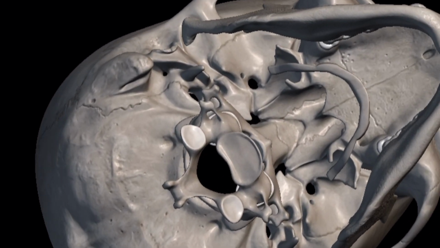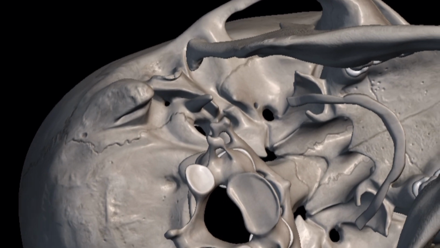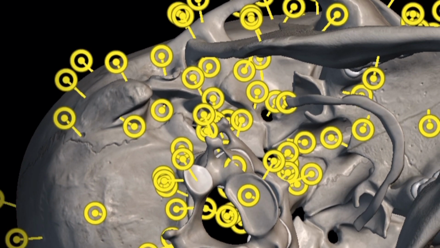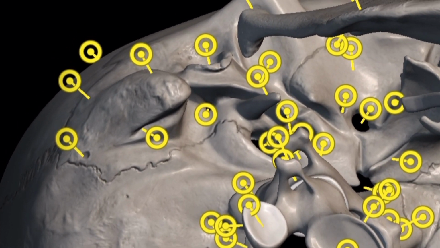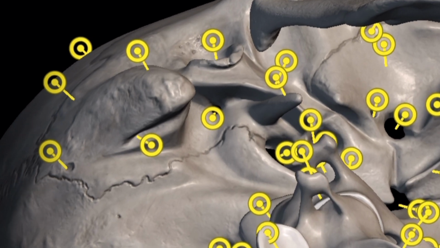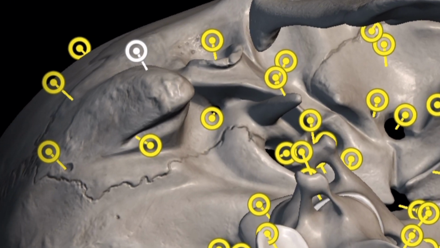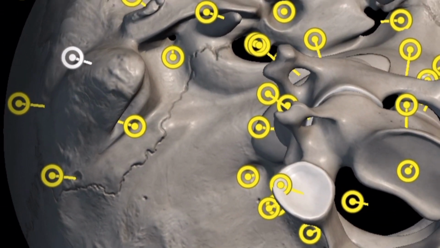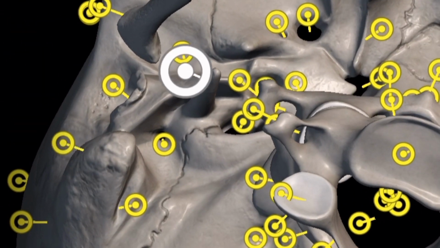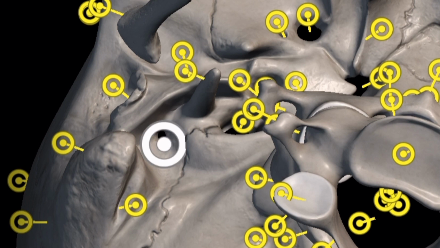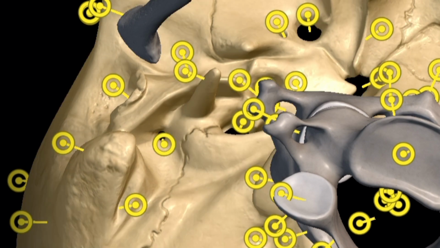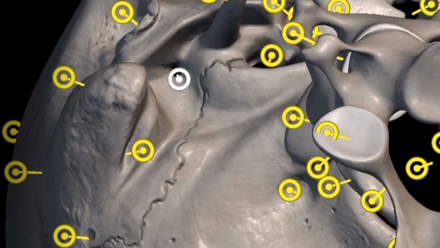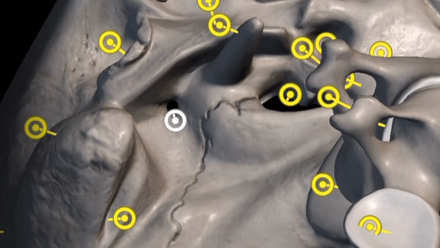Let's zoom in a little bit, and here we are going to apply pins to understand what it is and where it is located. Here, with the white pin, you can see this is the styloid process, and this one is the mastoid process, and between the styloid and mastoid is the stylomastoid foramen.